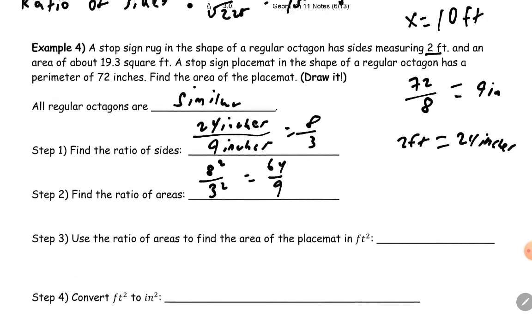Okay, now we need to use the ratio of areas to find the placemat. Find the area of the placemat in square feet. Okay, we know the ratio of areas is 64 over 9. We know that the area of the rug is 19.3, and we're looking for the area of the placemat. Cross multiply.